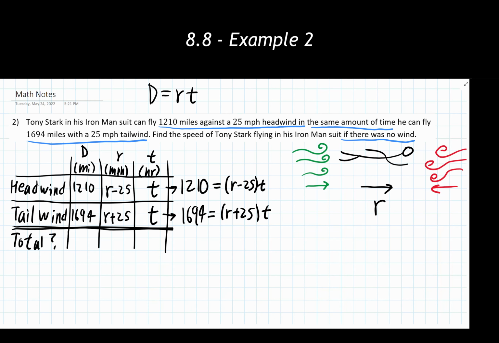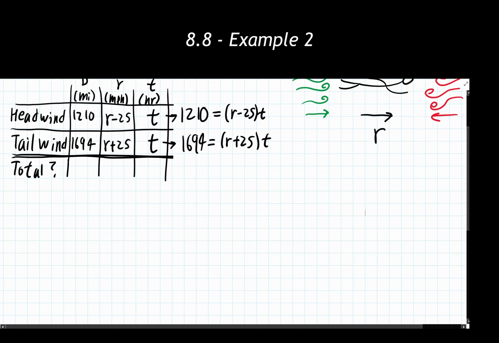So what I can do is algebraically manipulate these equations by solving each of them for t, meaning I'm going to get t all by itself. To do that, I'm going to divide the top equation, both sides, by r minus 25. And for the bottom equation, I'm going to divide both sides by r plus 25. I'm writing this down below here just so I can keep the picture up.